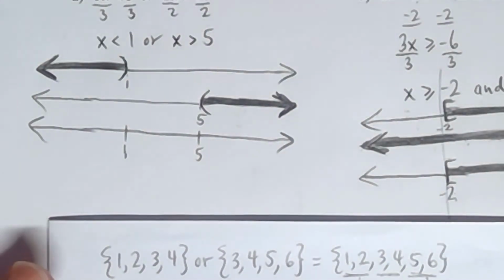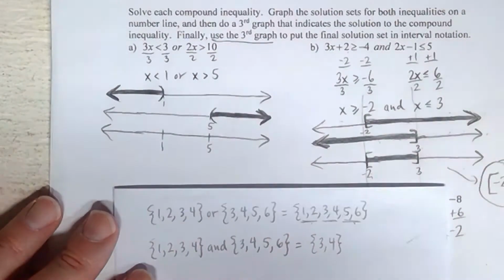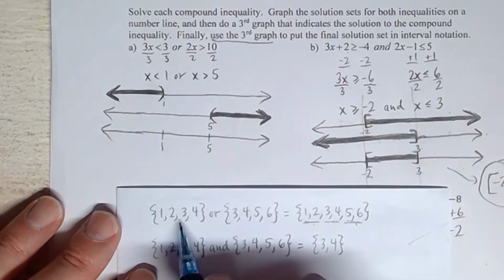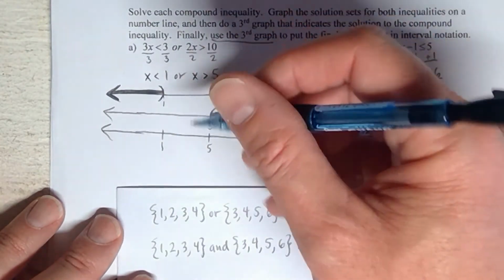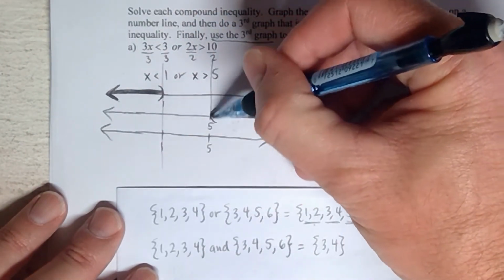Remember we said with the word and, it was only the shadings that occurred twice, right? It's only the shadings that were shaded both times. Since we're talking about at least once right now, anything that's shaded at least once here is going to drop down into the answer.